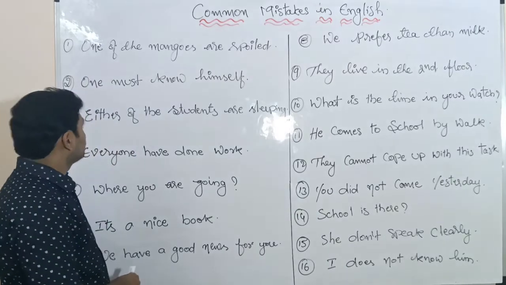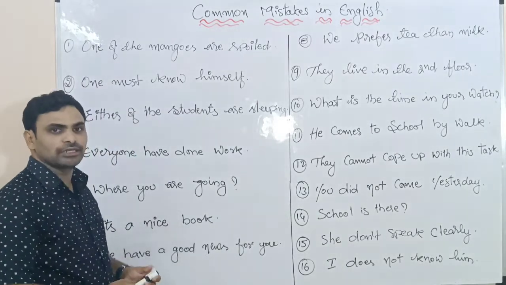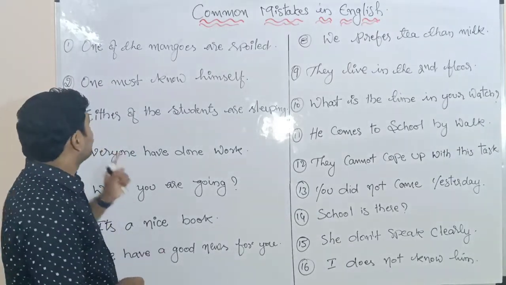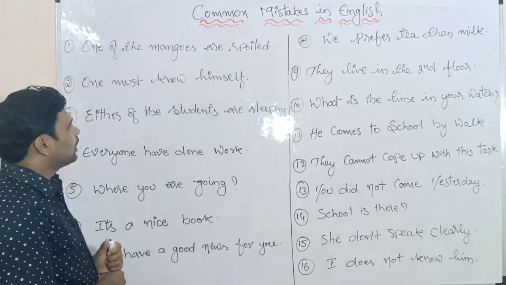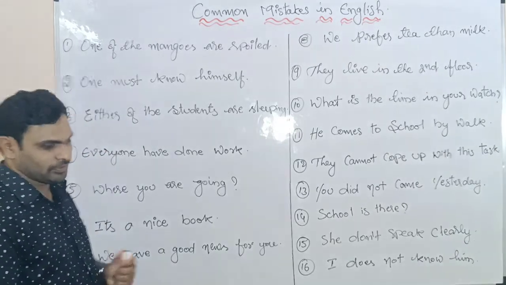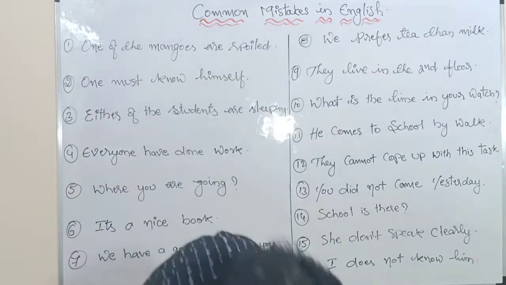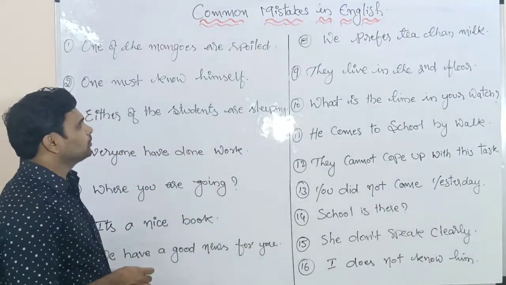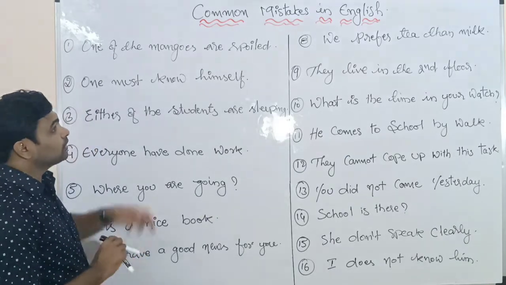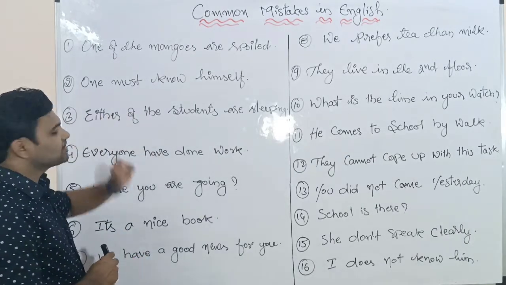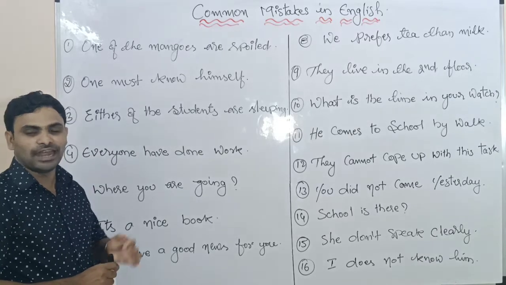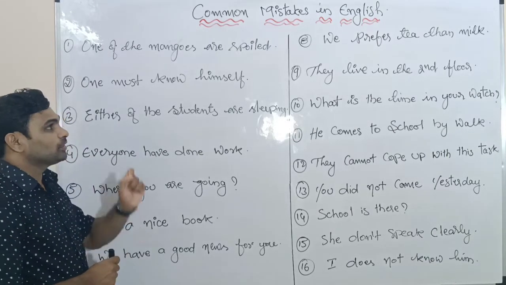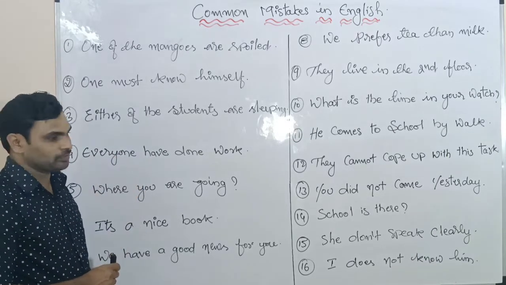Yes, the first sentence goes like this. One of the mangoes are spoiled. Yes, dear friends, our task is very simple. First, to find out the mistake in the sentence and then give the correct word.